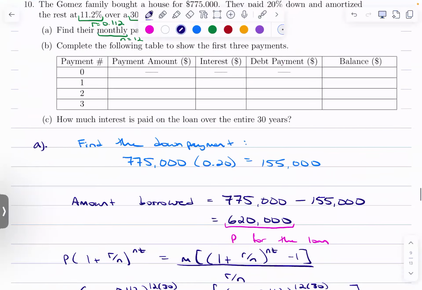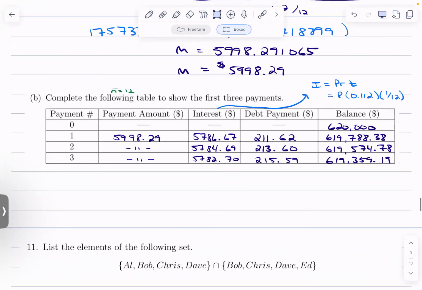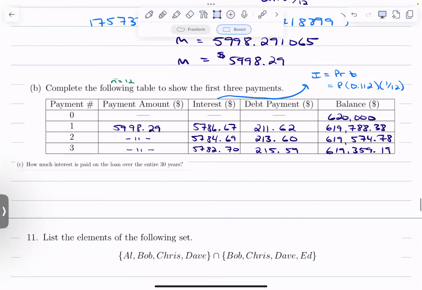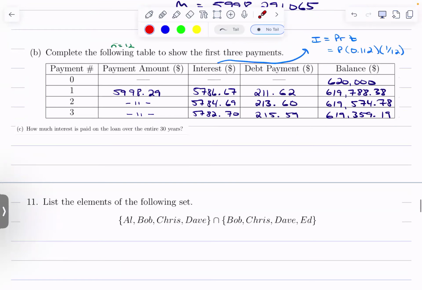There was a last piece here. How much interest is paid on the loan over the entire 30 years? How are you going to figure that out? Well, you're making 30 years worth of payments at $5,998.29, right? And so monthly payments, 30 times 12.